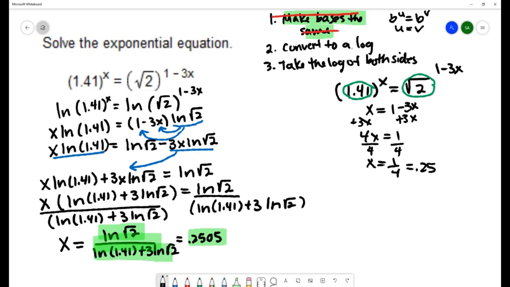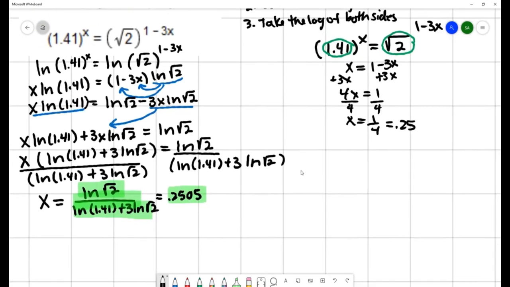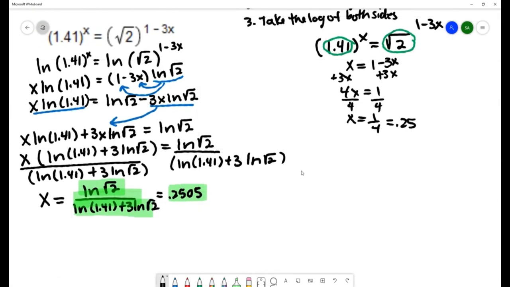And then finally, I'll show you how to do it with converting to a log. So let me rewrite the problem. And I have 1.41 to the x equals square root of 2 to the 1 minus 3x. And if I were to convert this to a log, I'm going to write the word log, and this log needs a base.